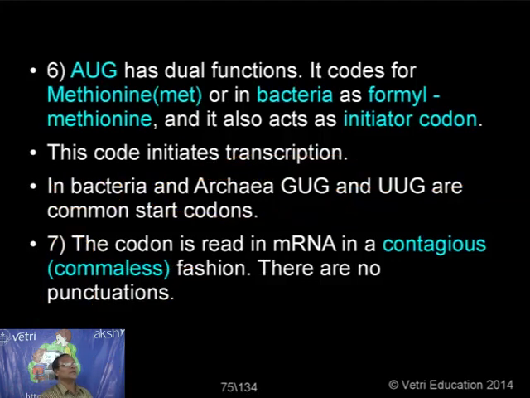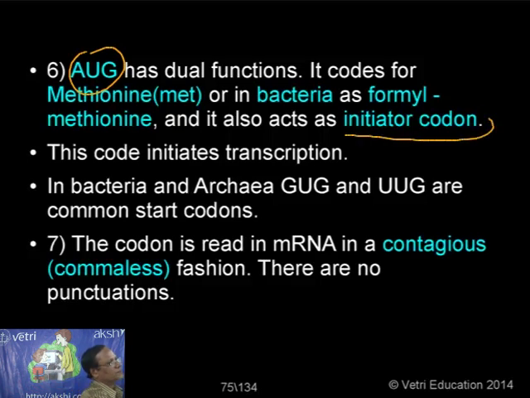Now, one of the specific characters of the codon AUG: this codon has dual functions. It is called the initiator codon because the process always starts with this codon only. That is number 1, which is why it's called the initiator codon. So AUG is an initiator codon.